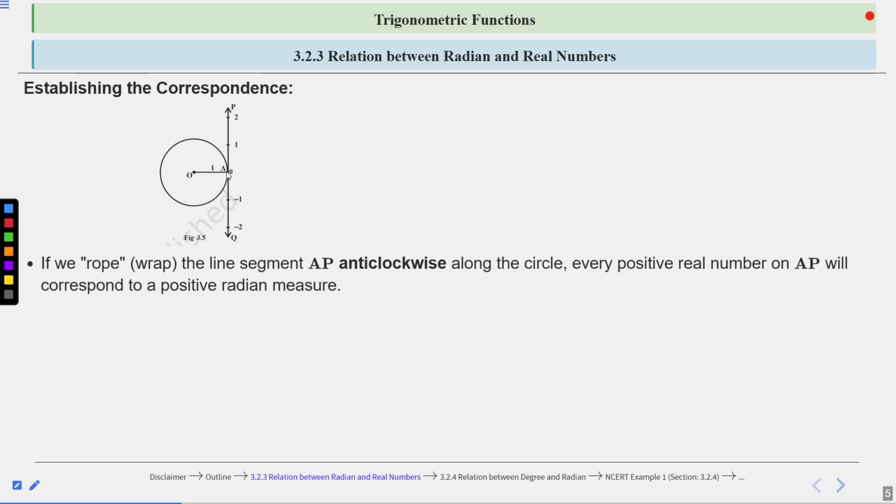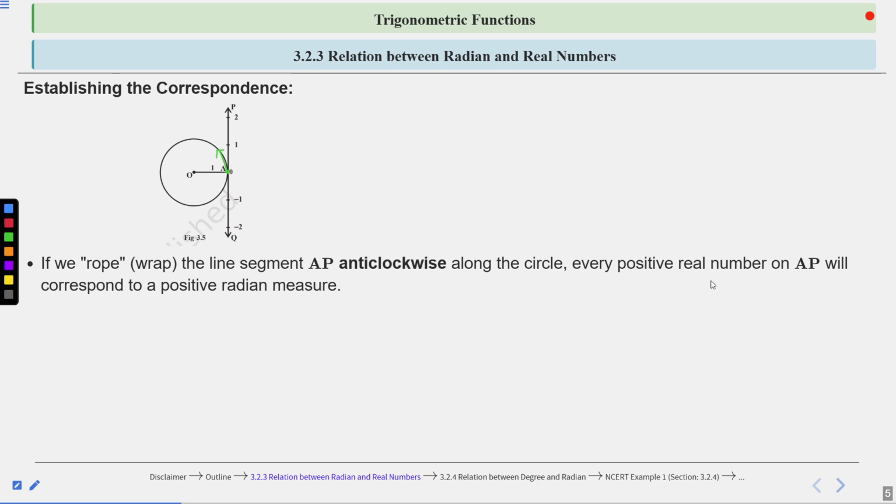Meaning, suppose AP represents your rope. Now what you are doing is wrapping it around this circle, starting from A. You are taking your rope and placing it on the circle's circumference like this. Clear? In the anti-clockwise direction, obviously, the opposite movement of the clock's needle.